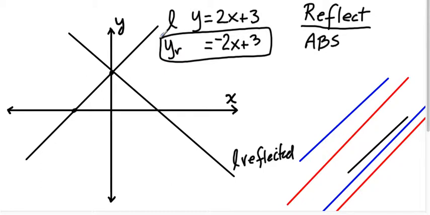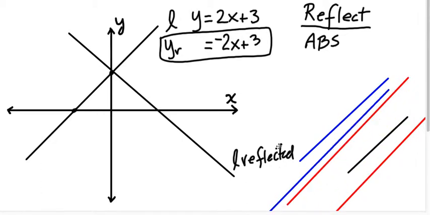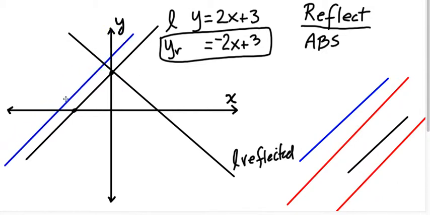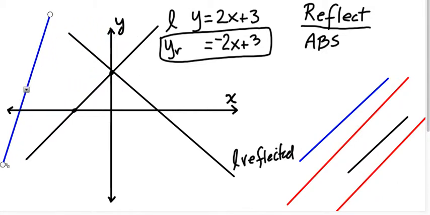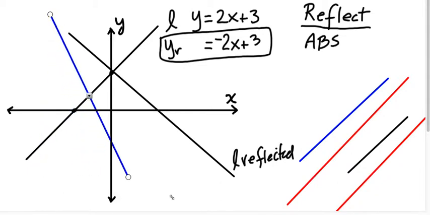How about if we reflect it about the x-axis? Let's choose blue for that. We're going to spin this around, and we're going to reflect it about the x-axis.